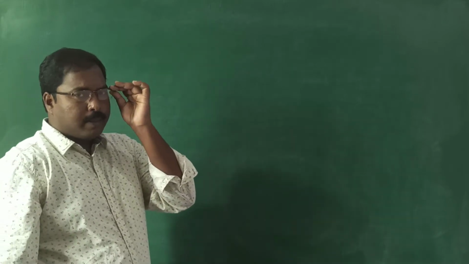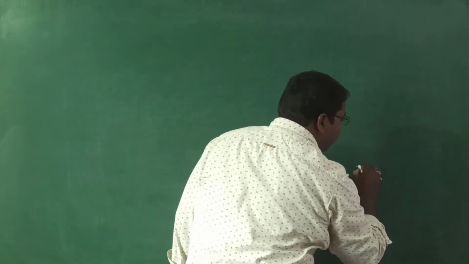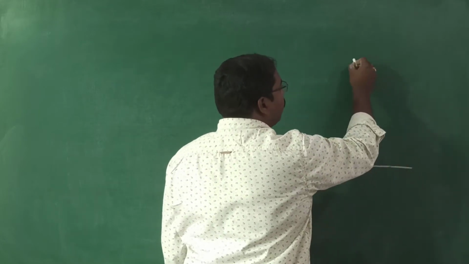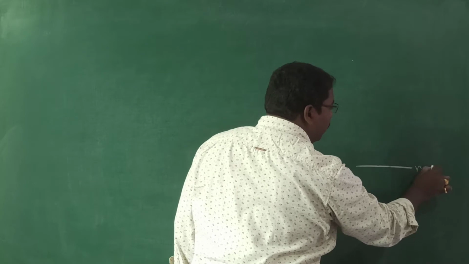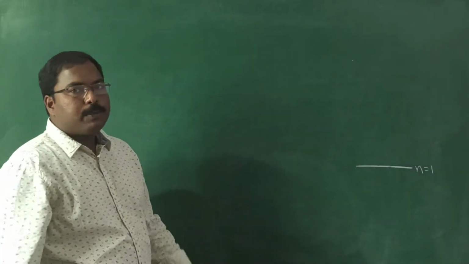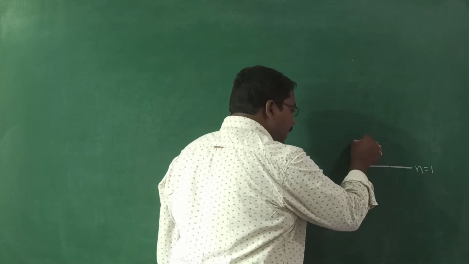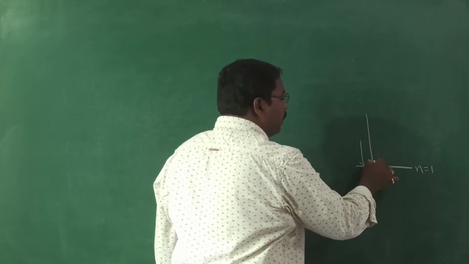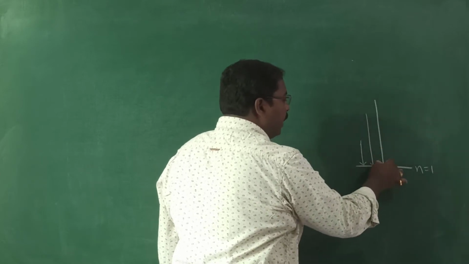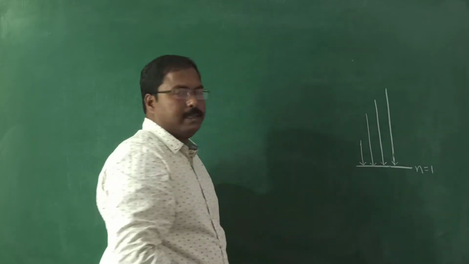Now, in the last class, you have drawn a diagram. For example, when we go to Lyman series of lines, Lyman means what? The electron jumps from any orbit to first orbit. So, Lyman series or any series, not only Lyman, in any series, you get different lines like this.